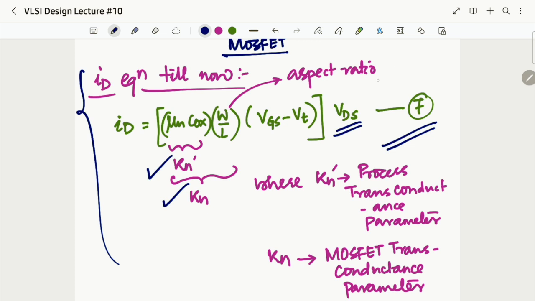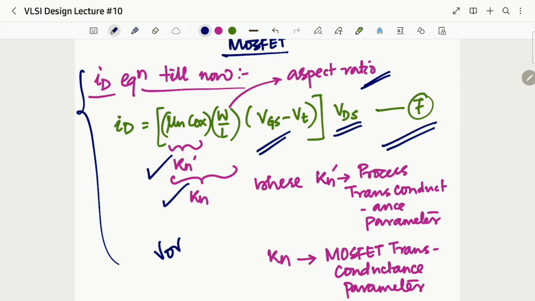W by L is also known as the aspect ratio of a MOSFET, where W is the channel width and L is the channel length. VGS minus VT is our overdrive voltage, also depicted by VOV.